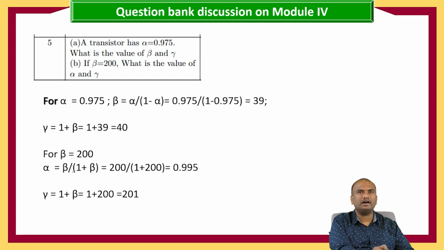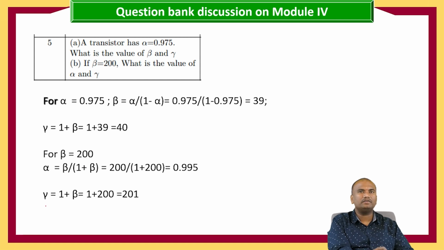Now for beta equal to 200, alpha is equal to beta by 1 plus beta, which is equal to 200 by 1 plus 200, which will give us the value as 0.995, which is nearly unity. And this value is the alpha which we got when the beta value is 200.